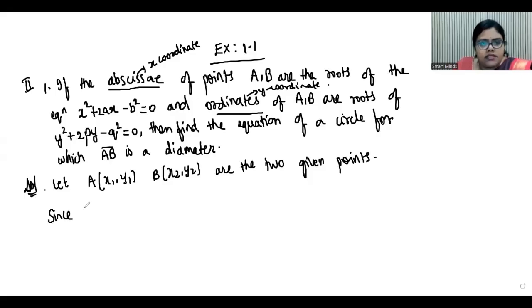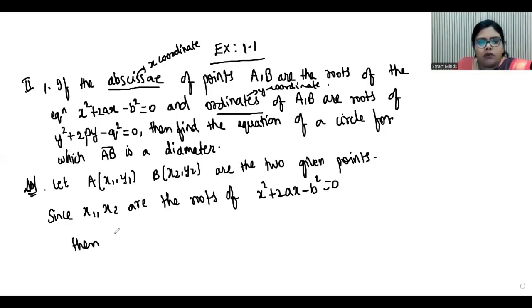Now since x1, x2 are the x coordinates of these two points, what is the abscissa of these two points? x1 and x2. So x1, x2 are the roots of the first equation, that is x square plus 2ax minus b square is 0.